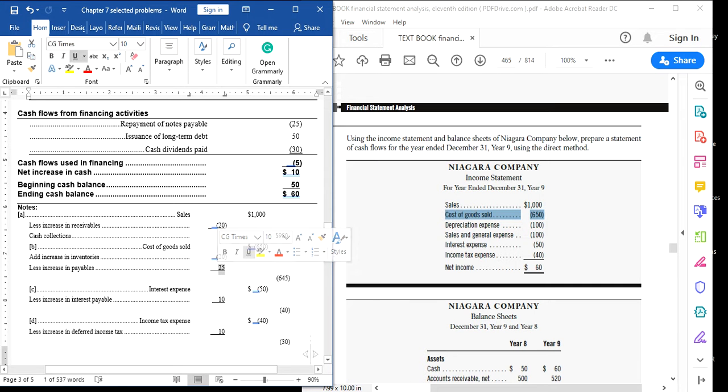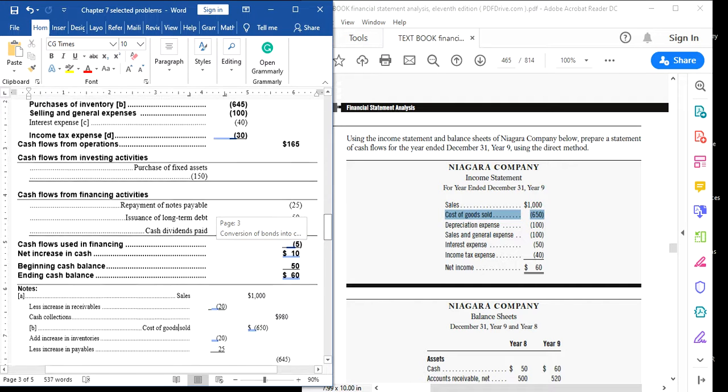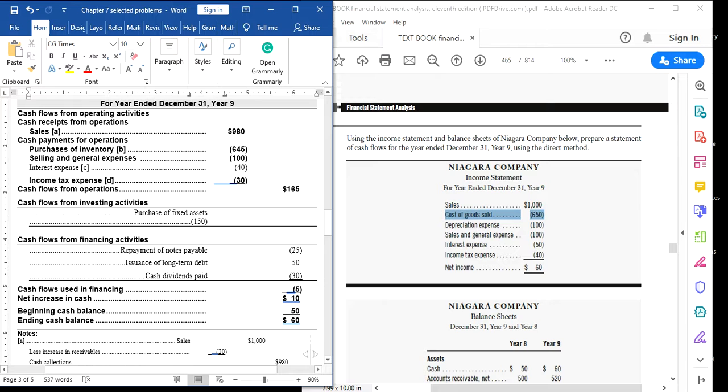Okay, our inventory increased by 20, but our payable also increased by 25. So what we can conclude here, this is the amount that has been paid in cash to the suppliers. Okay, this amount has been paid to the suppliers.